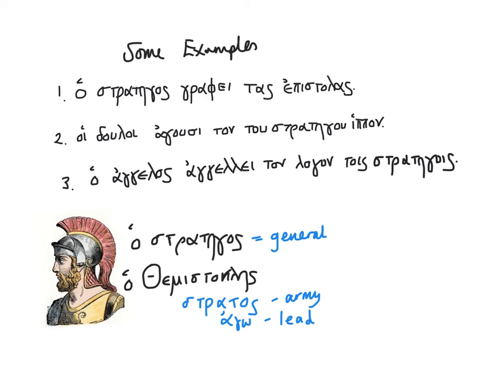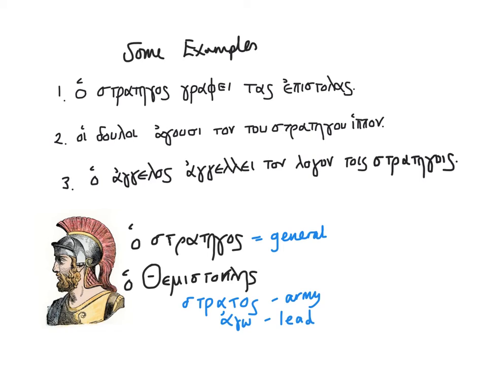And here is a picture of one of Athens' more famous generals, Themistocles. Well, the word strategos appears in each of these examples, and each time the word is used in a different case. So here's an opportunity to practice different cases. Have a look at the first one.